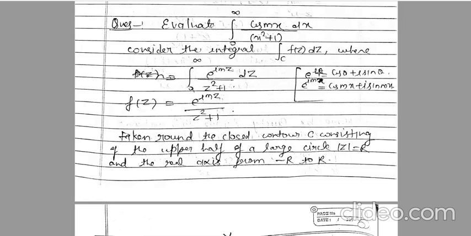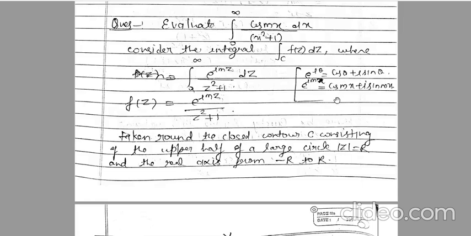We know that e^(i theta) is equal to cos theta plus i sin theta, right? So e^(imx) is equal to cos mx plus i sin mx, and cos mx is the real part of this. So we can write cos mx as e^(imx), and in the last we will take the real part.